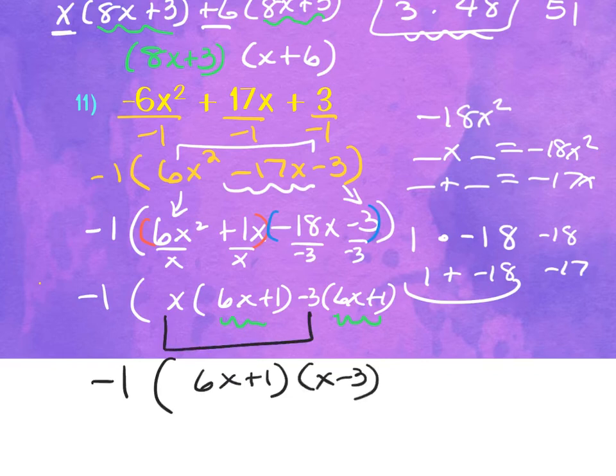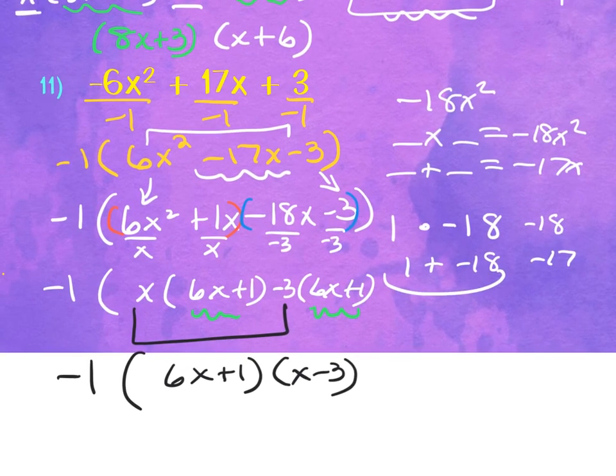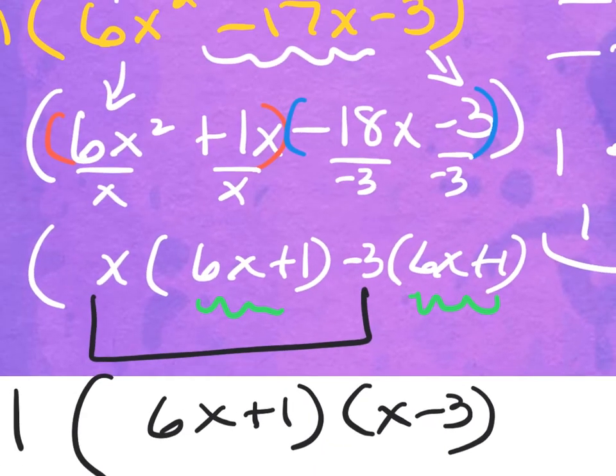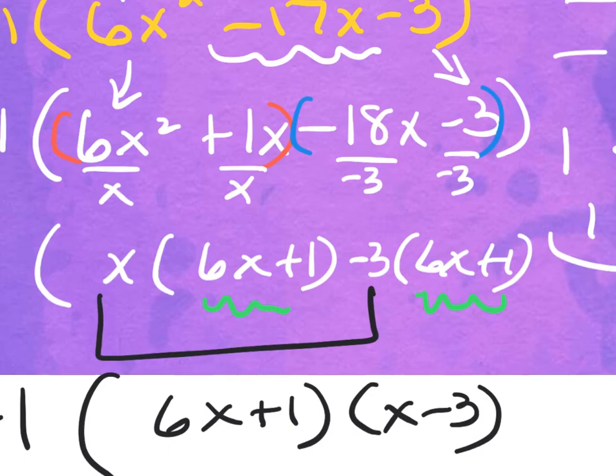And you're done. Wait, what does it say in the second parenthesis by the 3? It goes -3 in the parenthesis. This 6x plus 1. This one right here. Yeah, 6x plus 1.